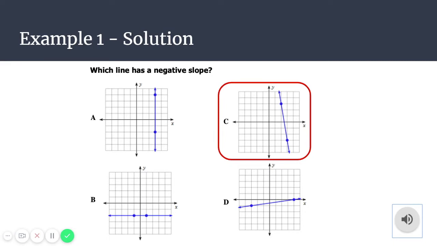For those criteria, we are going to be looking at letter C as our answer. As I move from left to right, as my x is increasing, my y is decreasing, and if you put a bike on that line, it would roll straight down that hill. So letter C has a negative slope.